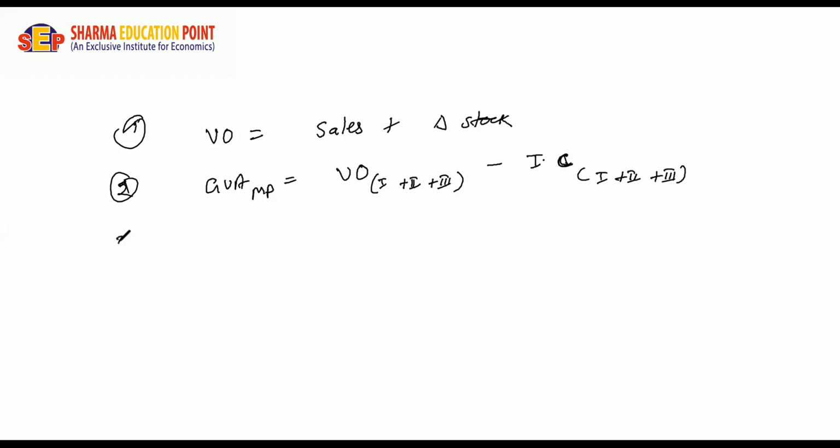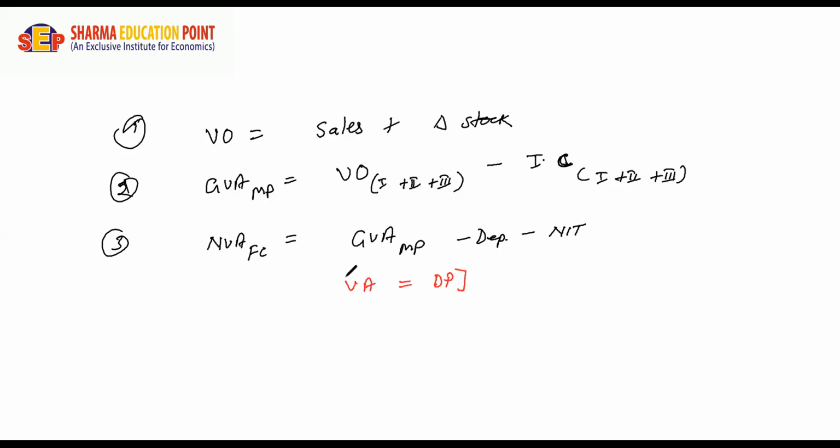So this is the way to get GVA at MP. Now the third step is to calculate NVA at FC. It is known as net value added at factor cost. So you have calculated gross value added at market price. Now gross to net, minus depreciation or consumption of fixed capital. MP to FC, minus net indirect taxes. So you get NVA FC. Now the most important point is that value added is termed as domestic product.